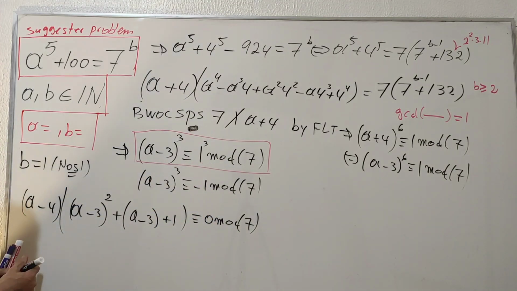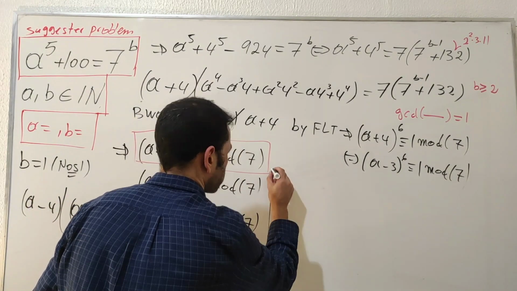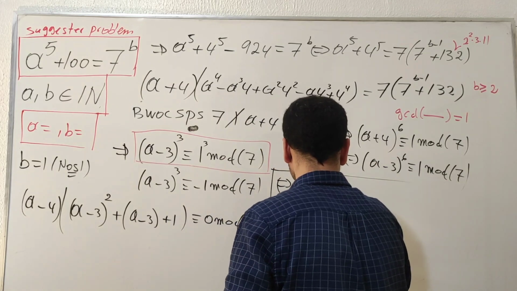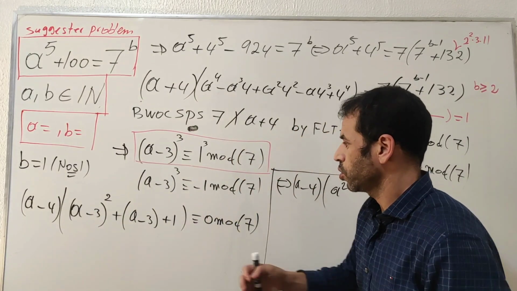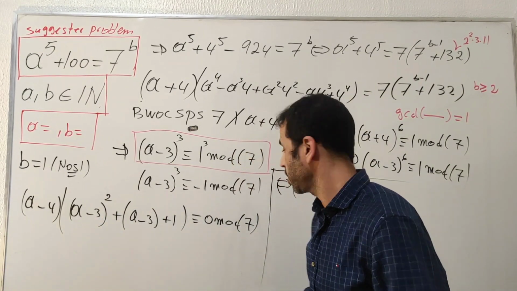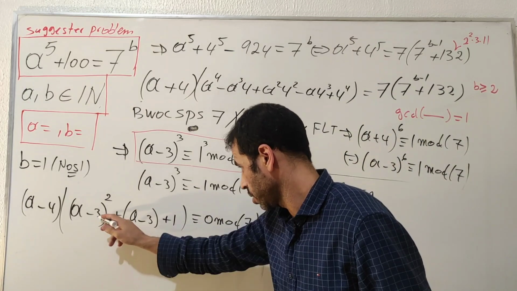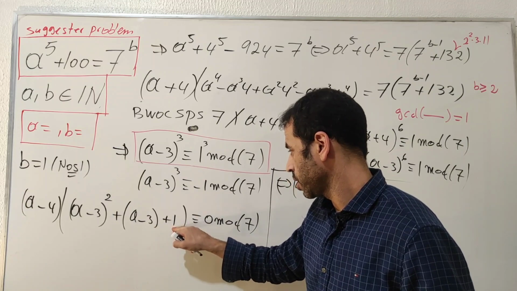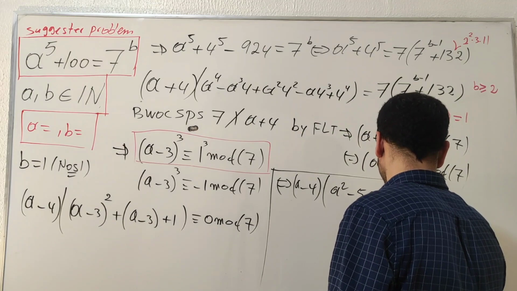So I'm going to simplify this expression here. I get a minus 4. This one becomes a squared. So this one becomes minus 6a plus a, which is minus 5a. This one becomes 9, 3 squared is 9. 9 plus number 1 is 10. 10 minus 3 is 7. Plus 7.